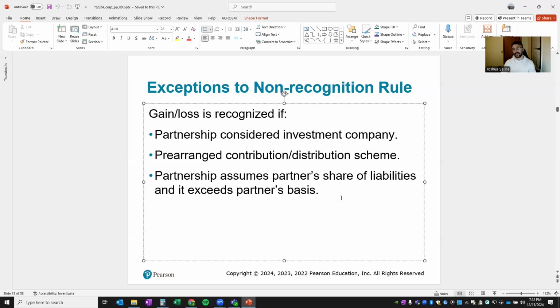That distribution of $10,000 would have never happened if the partner hadn't contributed the land. So they're saying this is actually a sale. You sold this land to the partnership. It's not an exchange for a partnership interest. You sold land and you got money for it, so you have to recognize that.